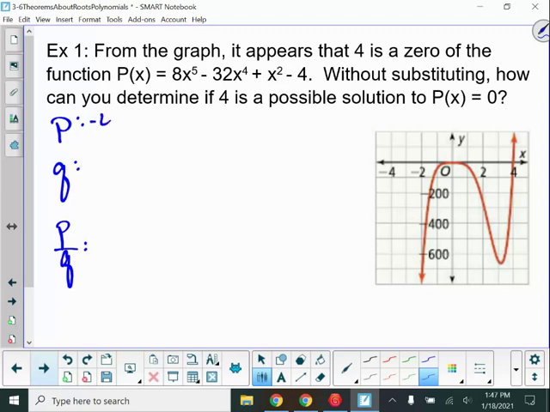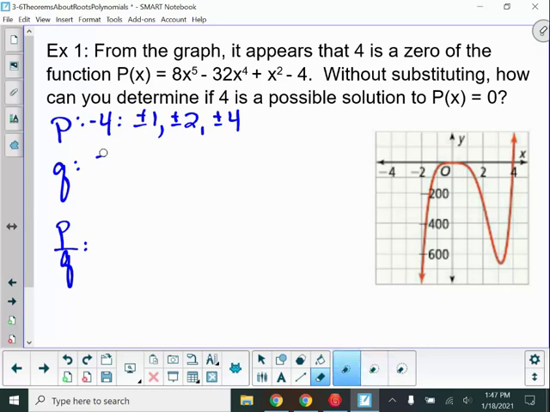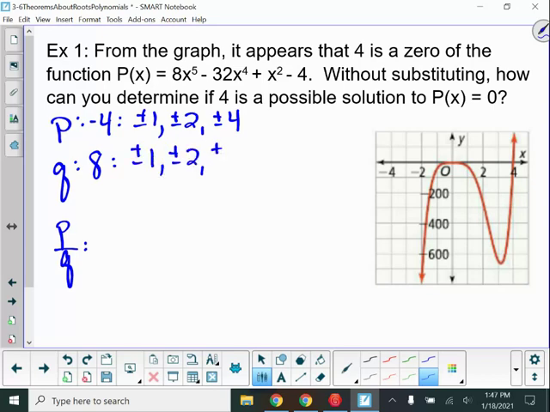So my p is -4. Those factors are plus and minus 1, 2, and 4. Q is 8. So those possible factors are plus and minus 1, 2, 4, and 8. And now I would do all my possible p over q's.